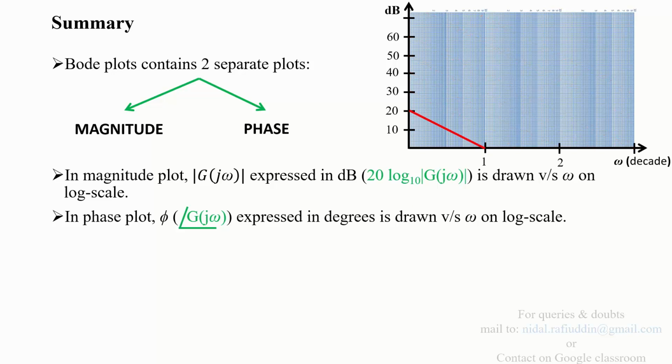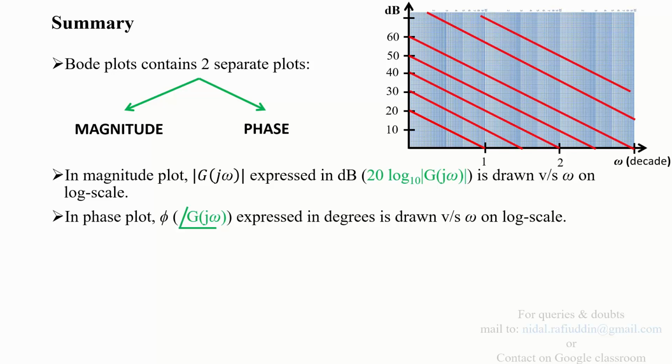Now if this particular line represents a slope of minus 20 dB per decade, then all the lines that are drawn parallel to this particular line anywhere on the semi-log paper will have a slope of minus 20 dB per decade. So all these lines have a slope of minus 20 dB per decade. Likewise, any line drawn parallel to a slope of minus 40 dB per decade will have a slope of minus 40 dB per decade.